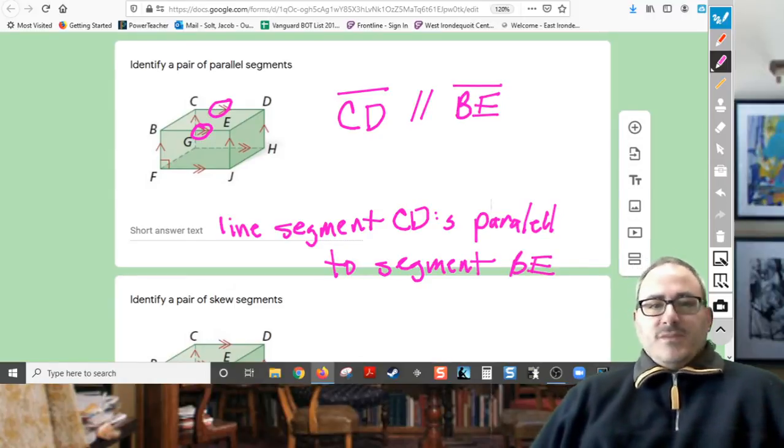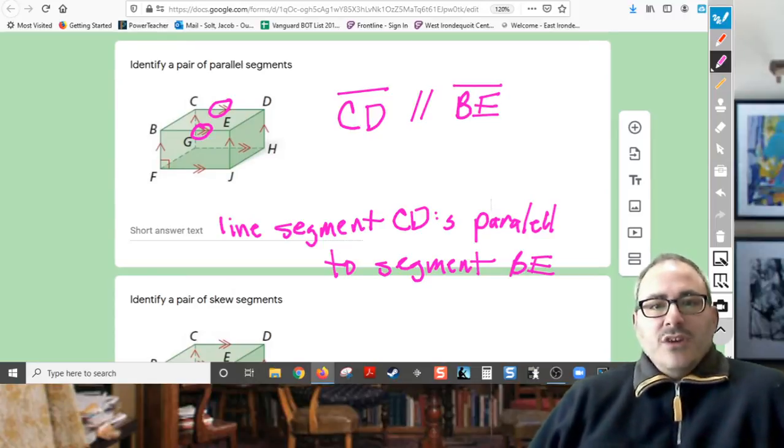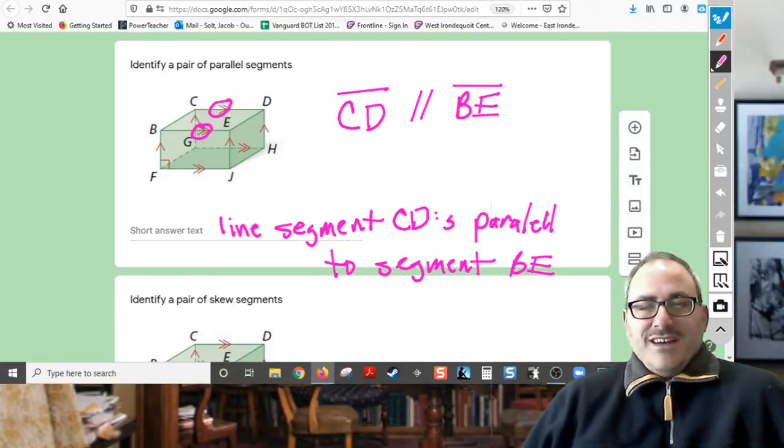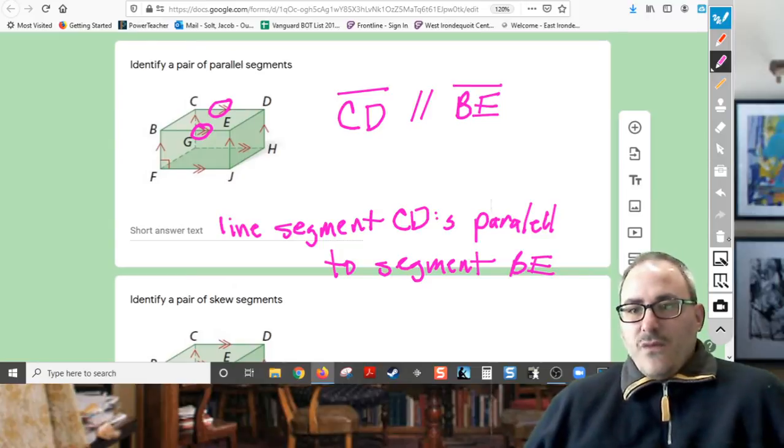All right? Because we're on Google Form, you'll actually have to write the sentence out, which is a lot more tedious than the geometric notation. But also the geometric notation takes a little while to get used to. And I want you to get used to seeing this and be able to write this. But this is just the limitation of what we've got here.